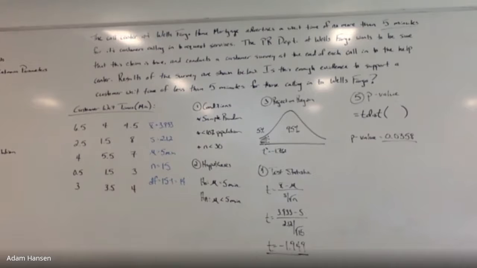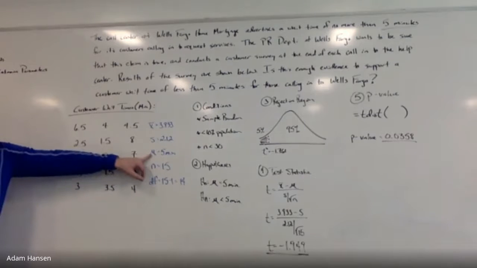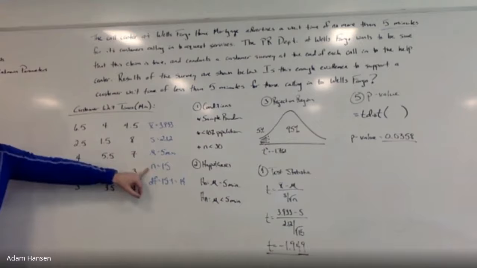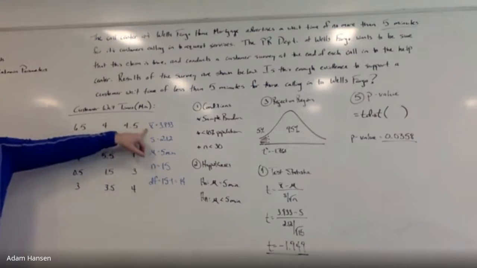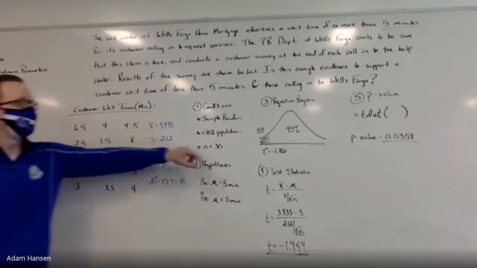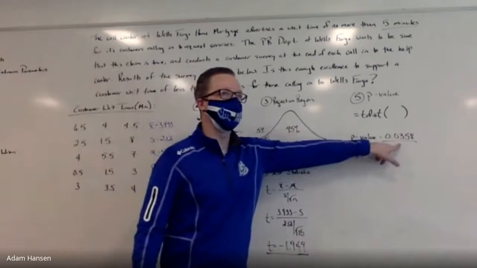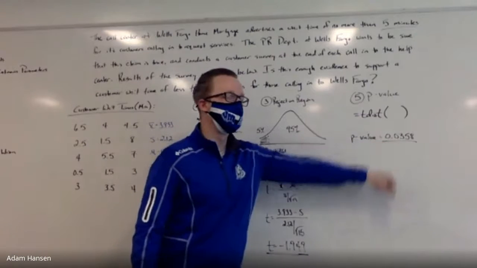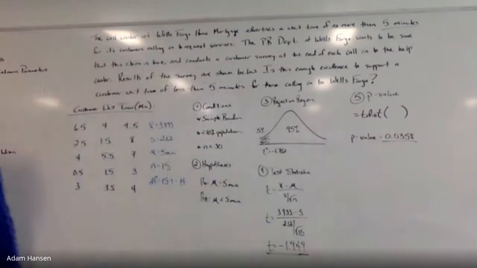Let's put that in context. If it's actually true that the average wait time is 5 minutes, I would find 15 different customers with an average wait time of 3.933 minutes about 3.6% of the time. I want to reject a null hypothesis that's true only 5% of the time. Do I fall within that allotted error?